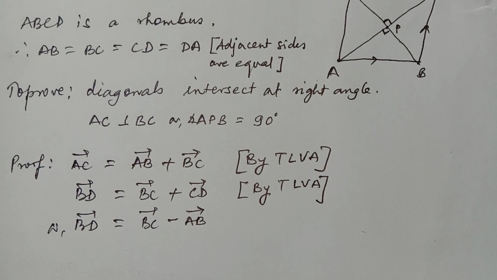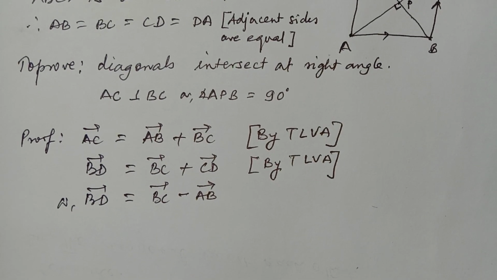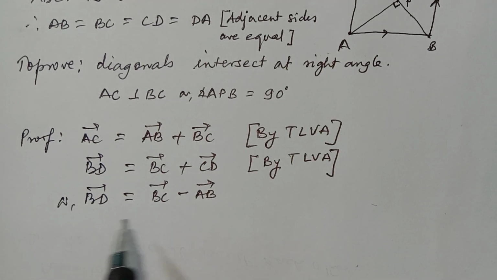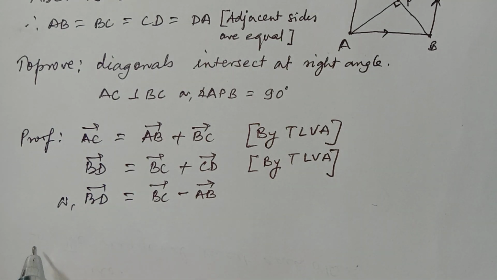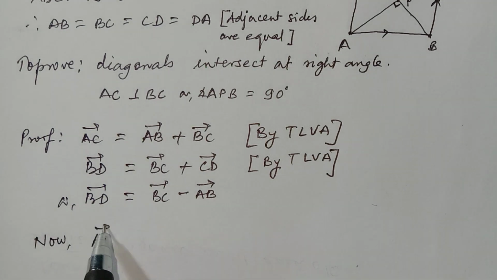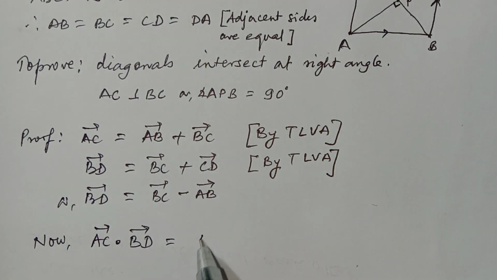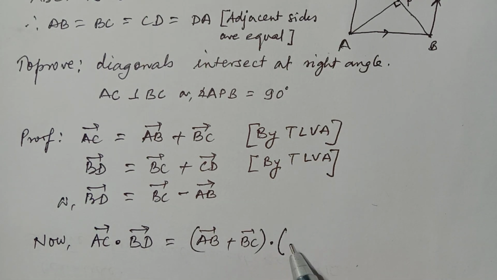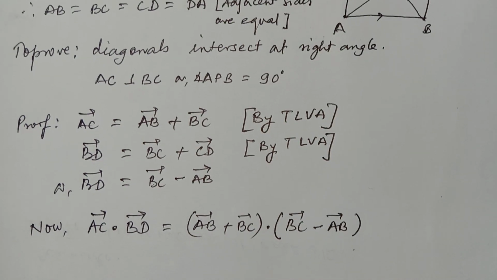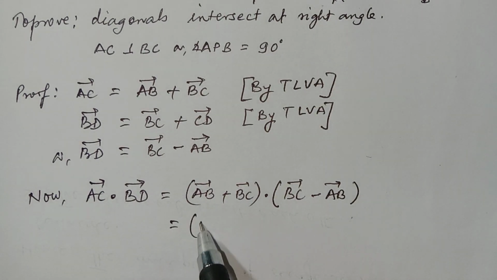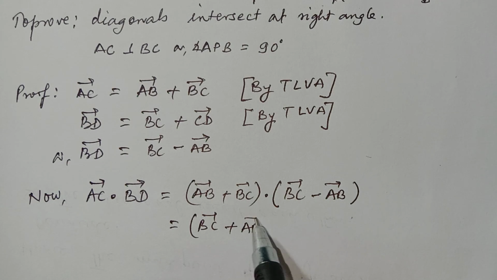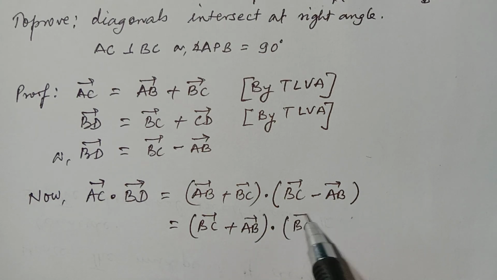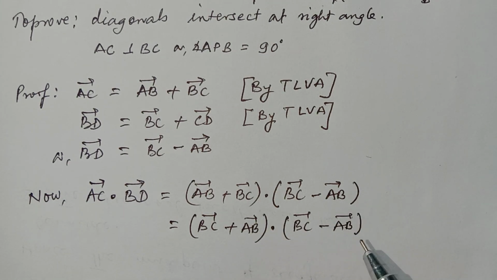Now let's find the dot product of AC and BD. AC vector dot BD vector equals vector AB plus vector BC dot vector BC minus vector AB. This equals BC vector plus AB vector times BC vector minus AB vector.